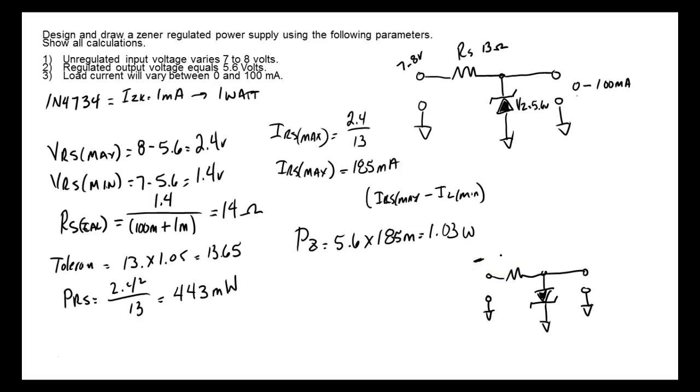Negative supply, and the Zener goes in there backwards. I don't remember. So they all work the same, right? Okay, except the only difference is on number 3, the Zener would be in this way right here.